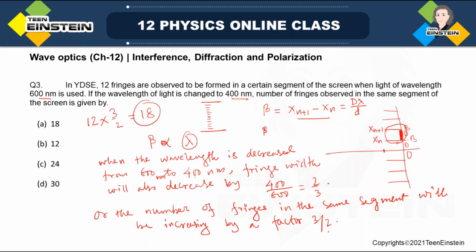With the same factor the width decreases, the number of fringes increases. I hope it is clear. I'll just repeat this again. See, in the same segment, okay, let me clean this portion a little bit.